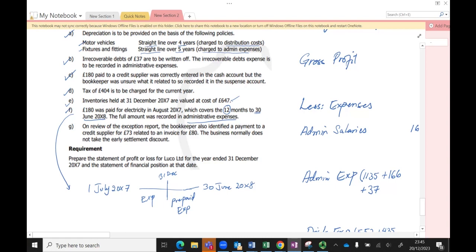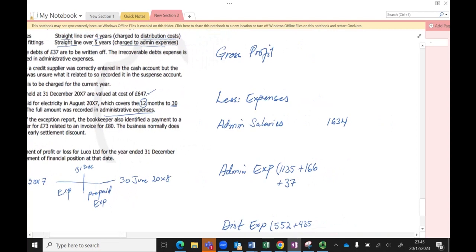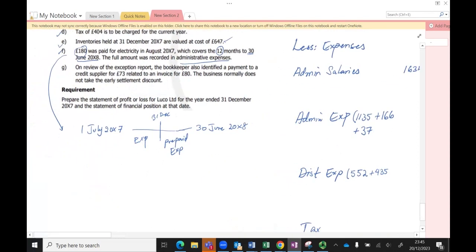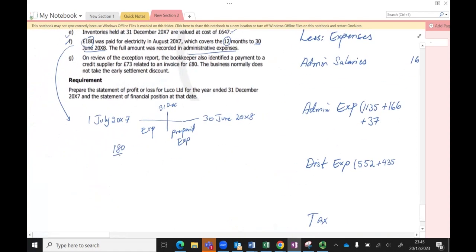July, August, September, October, November, December 2007, 6 months have passed. So the whole amount of 180 cannot be recorded as an expense. So we need to subtract half of it. So what is half of it? 180 divided by 12 months multiplied by 6 months is equal to 90 prepaid. And that is a prepaid of 90. I'm going to record it here.